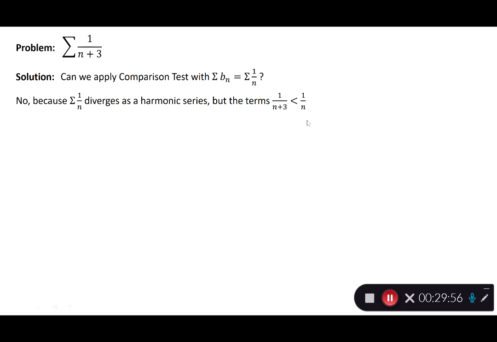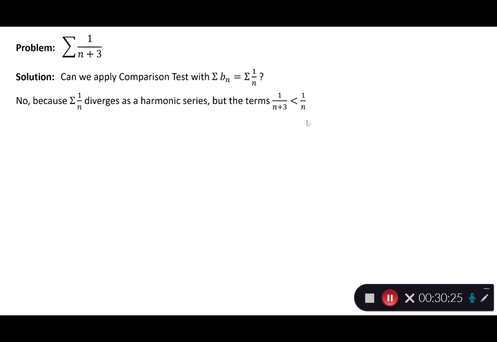You cannot use comparison test. You would have to resort to some other test, but the regular comparison test you cannot use. Is that clear? You have a diverging series, your terms better be bigger than the diverging series. In the same way, if you are comparing with a converging series, your terms better be less than the converging series. Key point to remember.